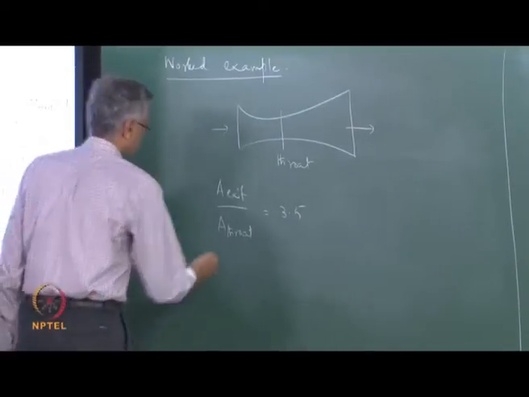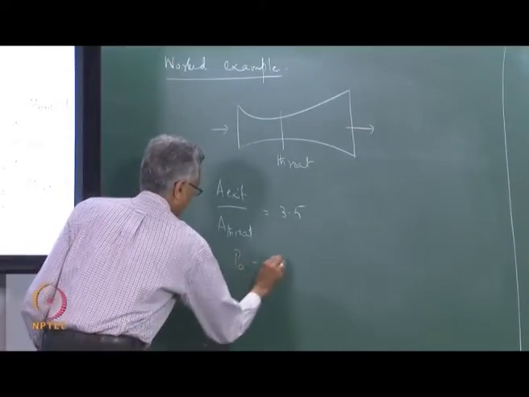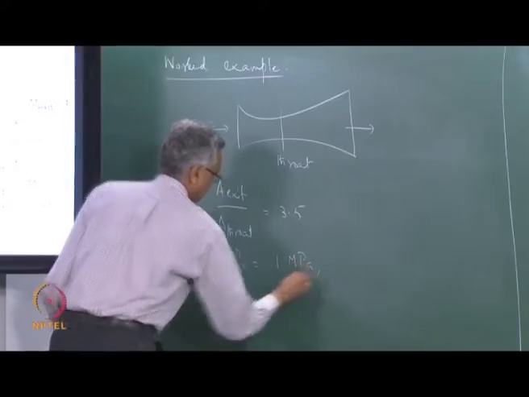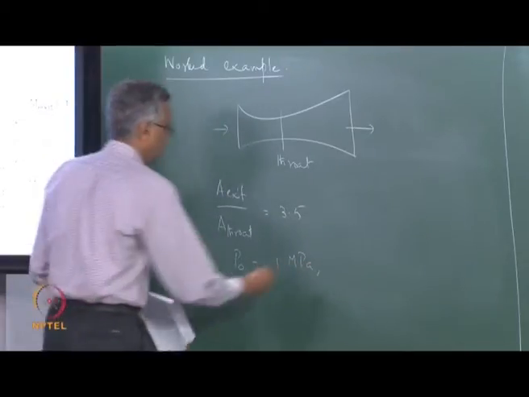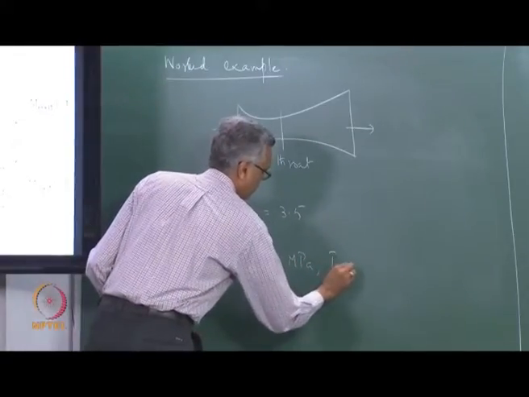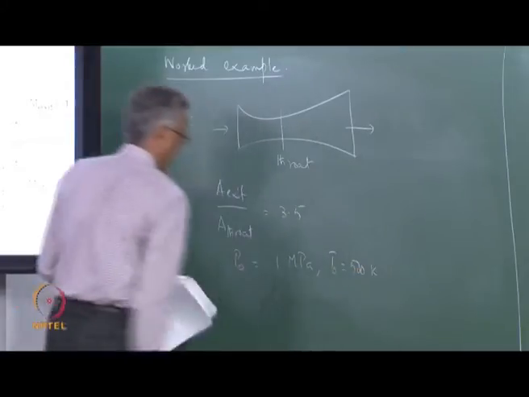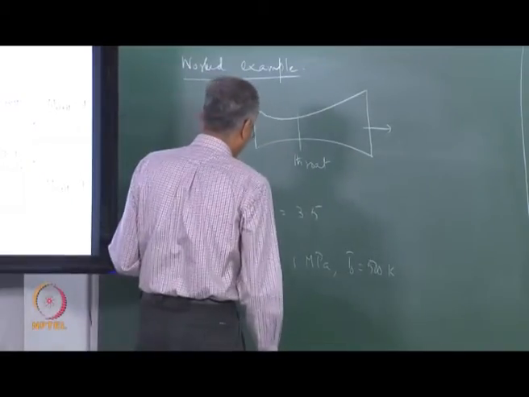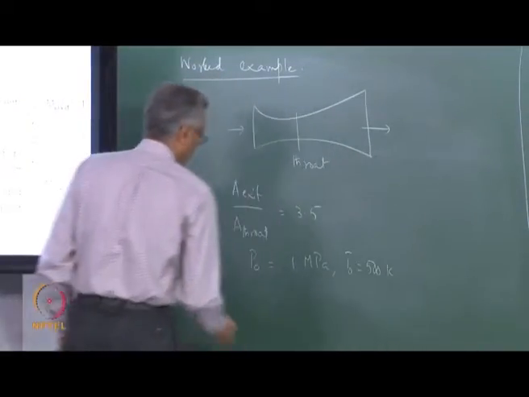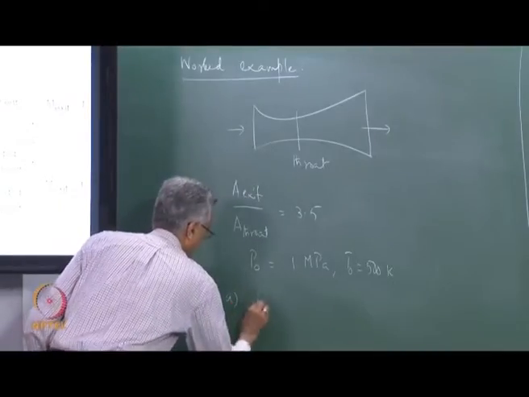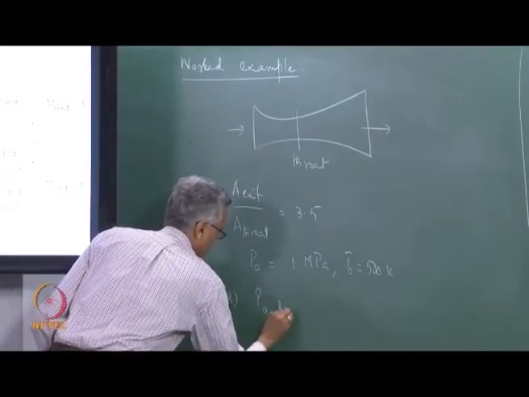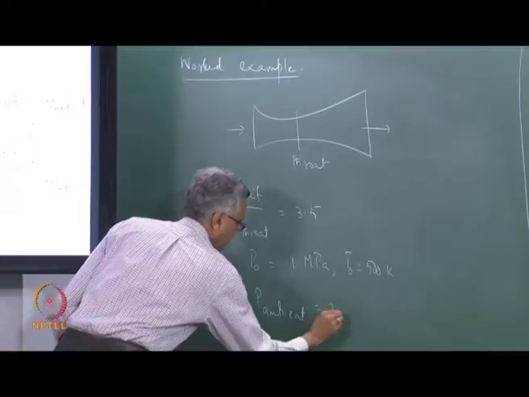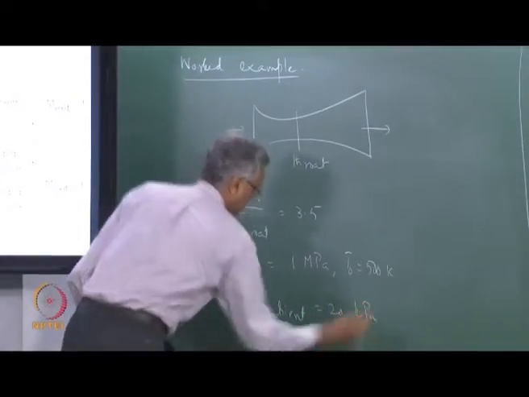It is also given that P0 is equal to 1 megapascal and T0 equal to 500 Kelvin. So, we are asked to determine the exit state for two different back pressures. The first back pressure being 20 kilopascal. So, here we have P ambient equal to 20 kilopascal.